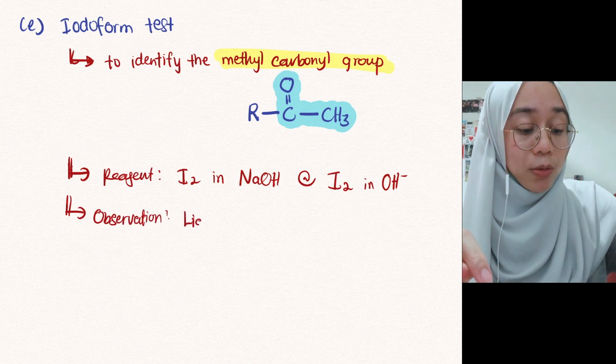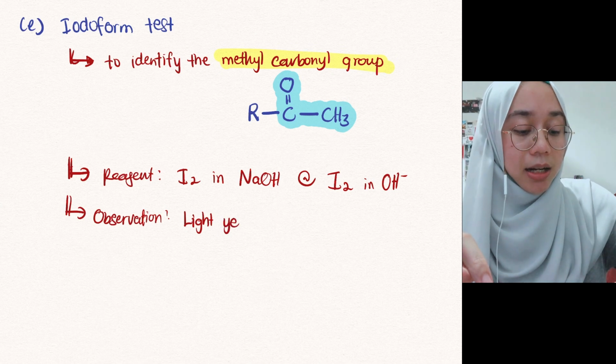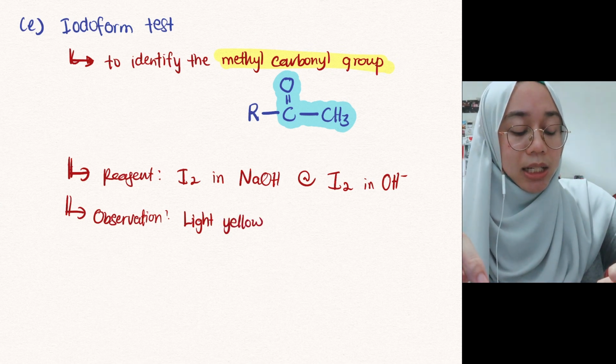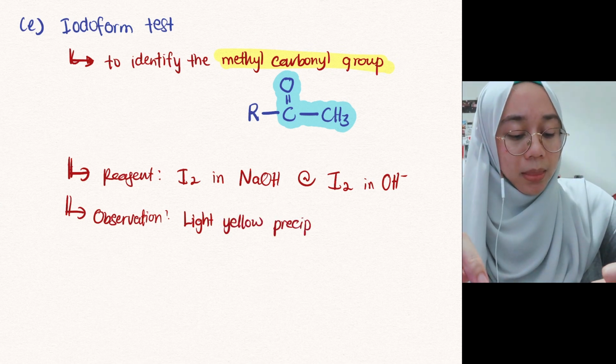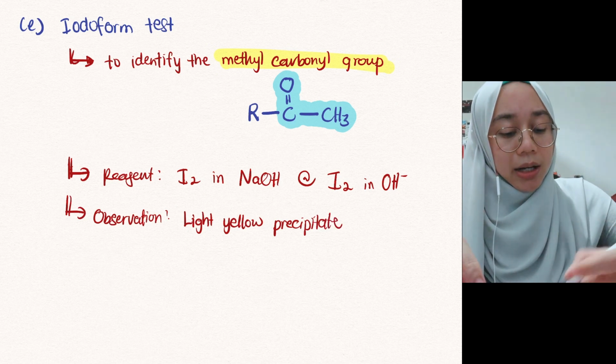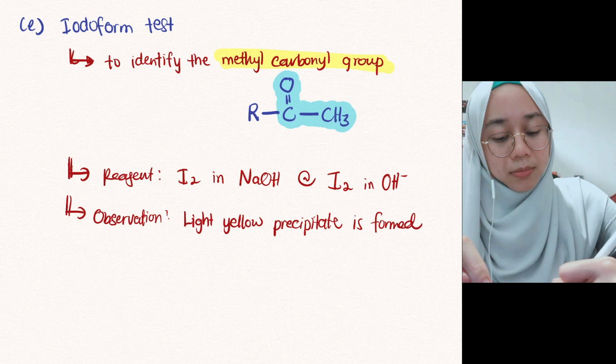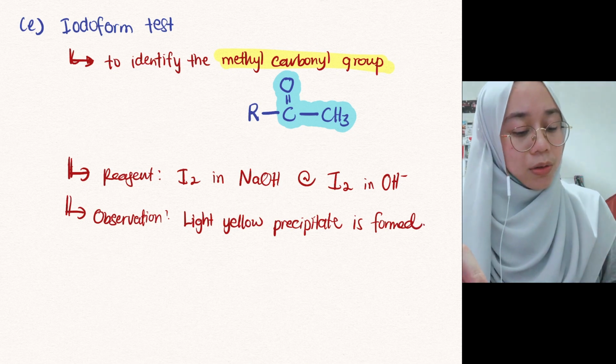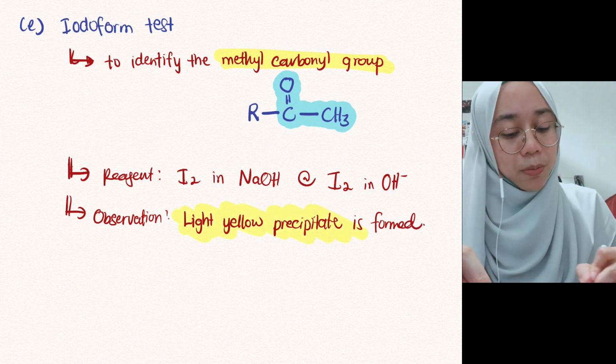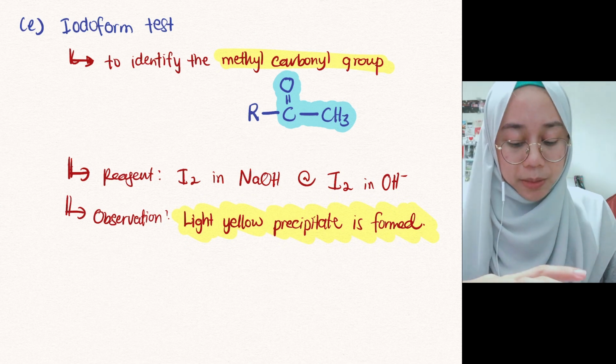The light yellow precipitate is formed. Okay, so macam mana sebenarnya rupa yellow precipitate ni? So this is how it looks like.